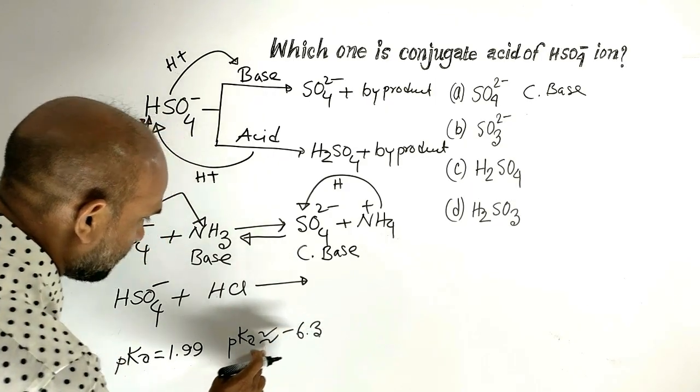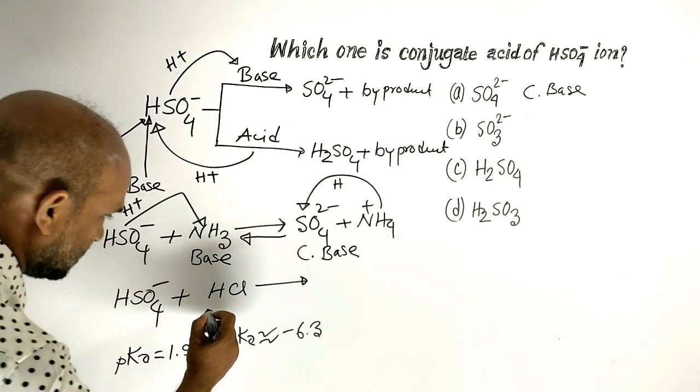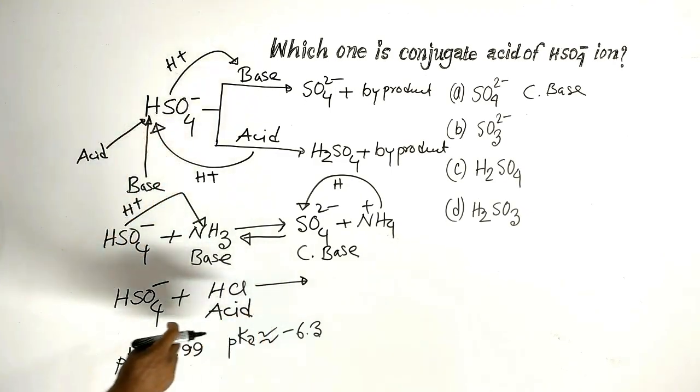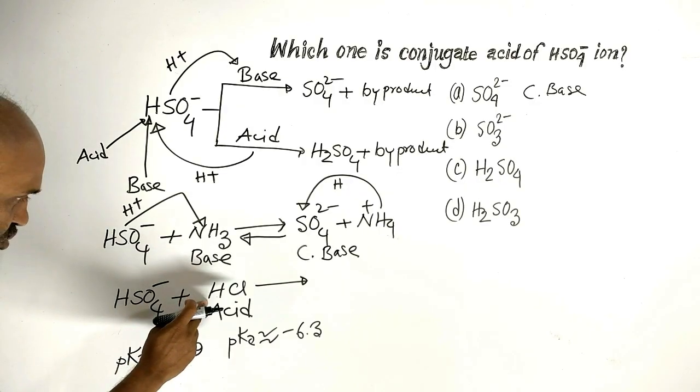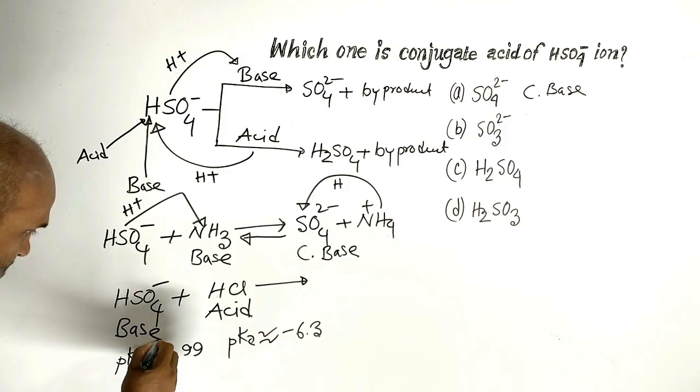The lower the value of pKa, the stronger the acid. So this is the acid, and in the presence of a strong acid, it acts as a base.